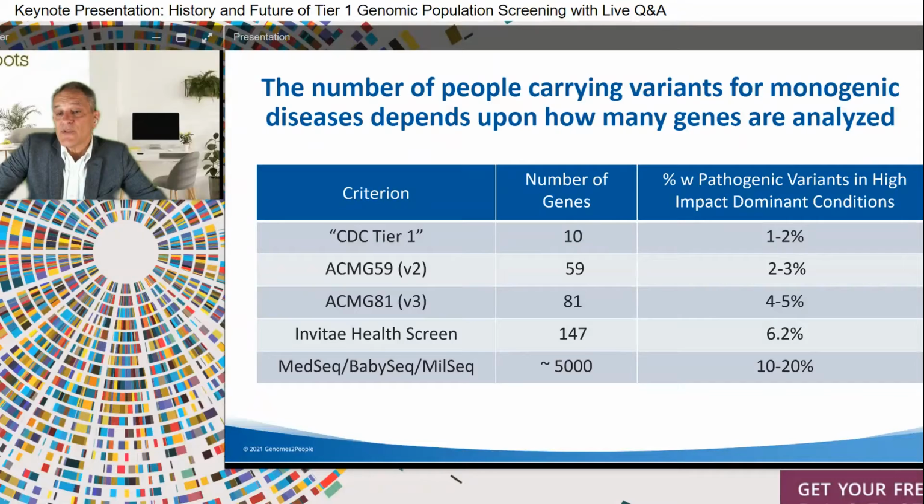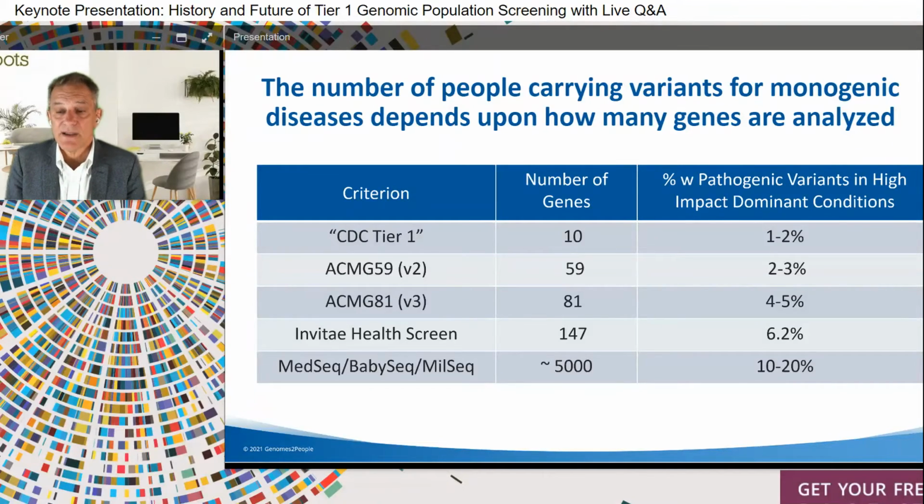The Invitae Health Screen, which was 147 genes and has gone up to 167 genes, we published a paper with them that suggests that about 6.2% of the population will have a positive. And in our MedSeq, BabySeq, and MilSeq research studies, where we've looked at anywhere between 1,000 and 5,000 genes, we find anywhere between 10 and 20% follow-up.